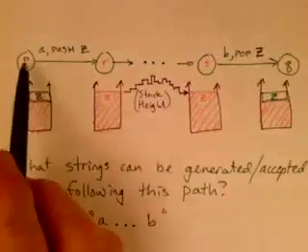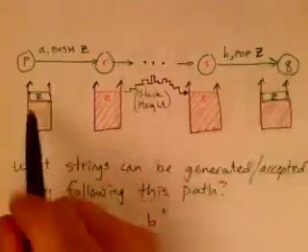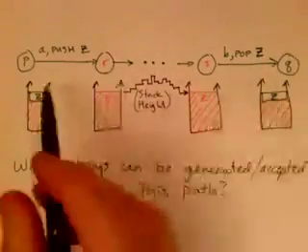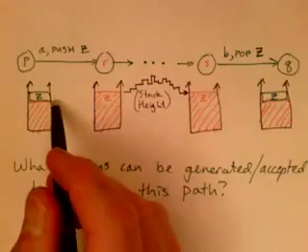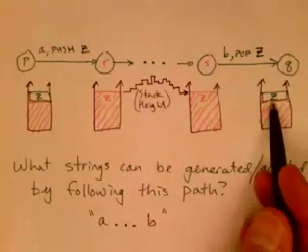Let's imagine going from state P to state Q. We're going to start with an empty stack and we're going to end with an empty stack. Or equivalently, we're going to start with a stack that has some stuff on it and we're never going to look at that stuff. We're going to end with the same stack.